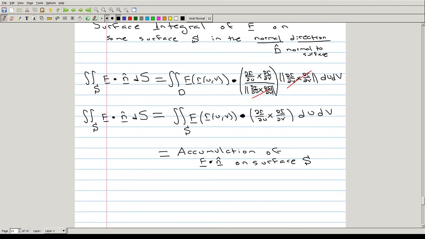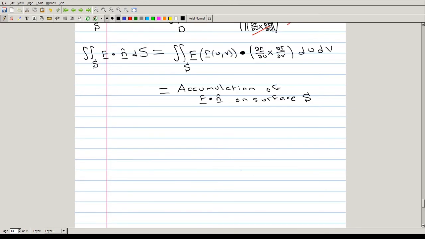The name for this value is the flux. So it's the flux, or the amount of flowing the vector field is doing through the surface S. It is the flux through the surface S.